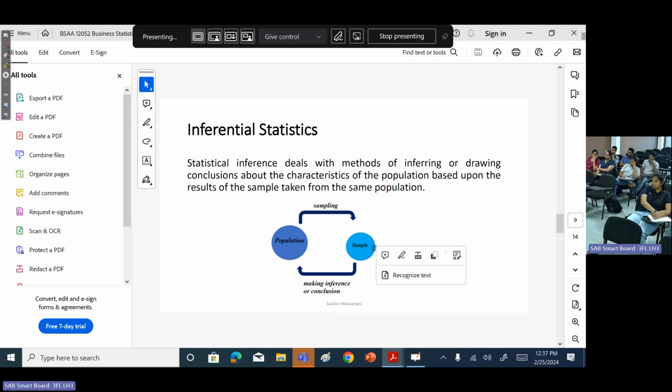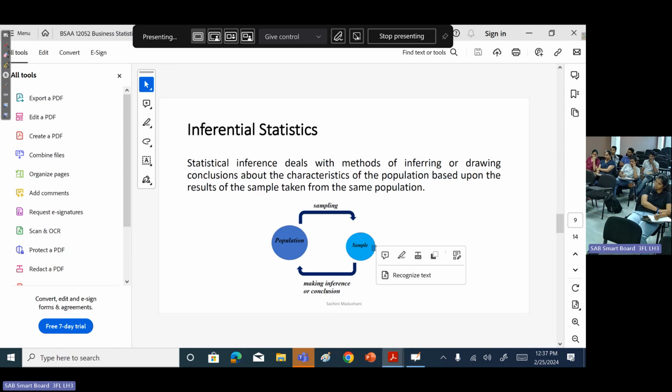Here in inferential statistics, what is the first step? Identify the relevant population, then we take the sample from the population, then we study the sample. Then we have the results. Based on the sample results, we can make conclusions about the population.